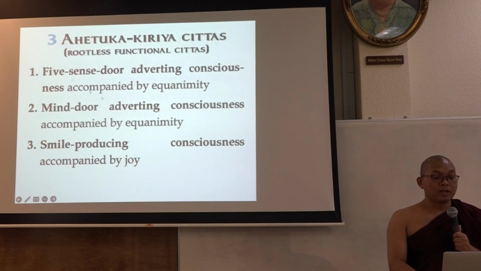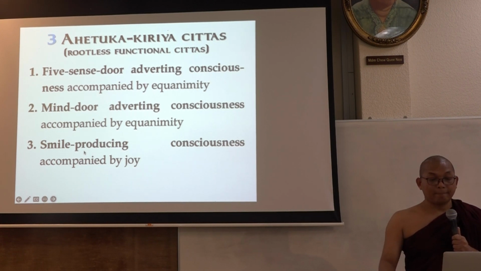So therefore, we have 3 ahetuka kriya cittas: 5 sense door adverting consciousness, accompanied by equanimity; mind door adverting consciousness, accompanied by equanimity; and smile producing consciousness, accompanied by joy. Pancadvaravajjana, manodvaravajjana, and hasituppada.